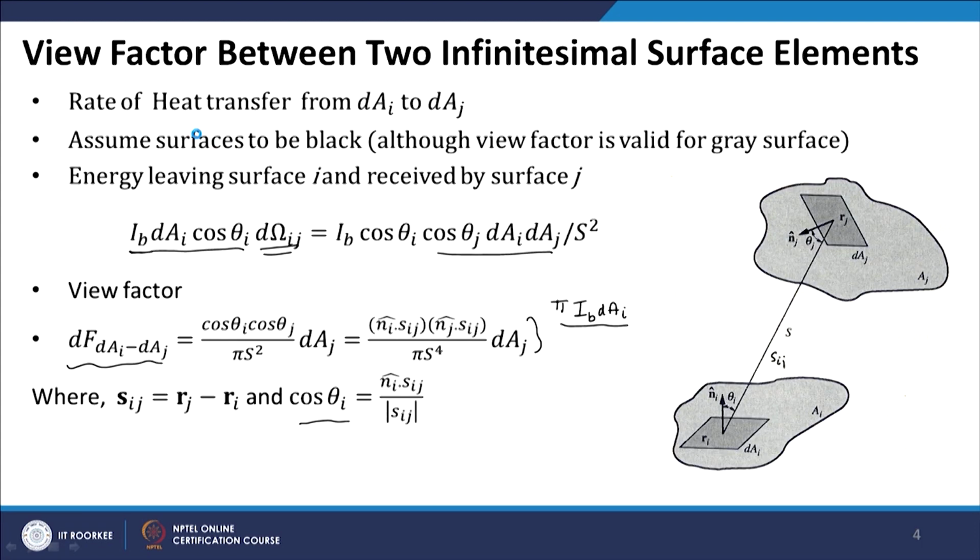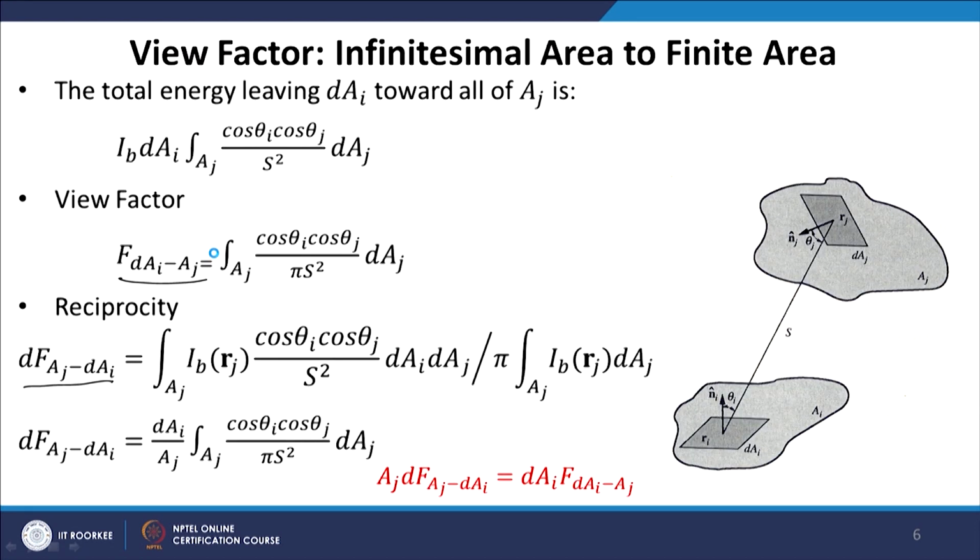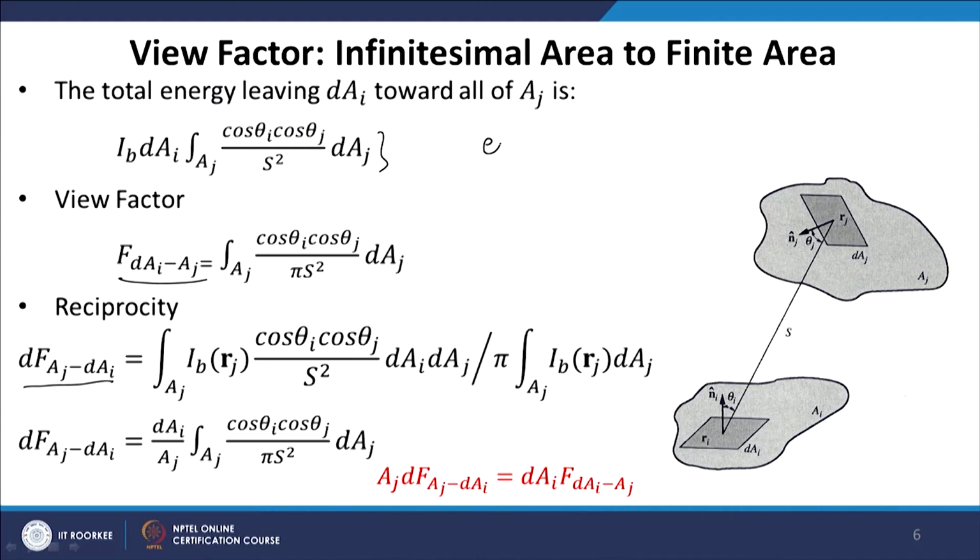We used this expression IB dAI cos theta I d omega ij and just integrate over the entire area dAj. So, this basically gives you the total energy leaving dAI towards all of Aj. So, all we are doing is just integrating over the area Aj, and we define view factor again by dividing this energy by total energy. So, this is energy reaching the entire surface Aj divided by total energy emitted, that is pi times IB times dAI.